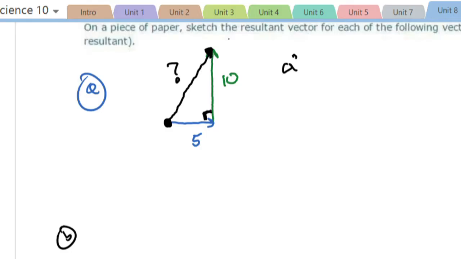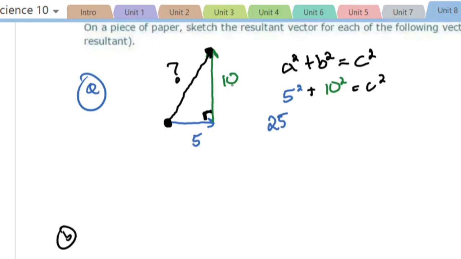So a squared plus b squared is c squared. The order of these shouldn't matter. 5 squared plus 10 squared equals c squared. 5 squared is 25. 10 squared, getting ahead of myself, is 100.